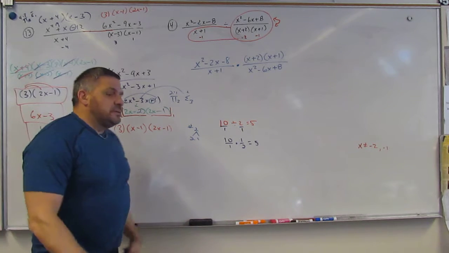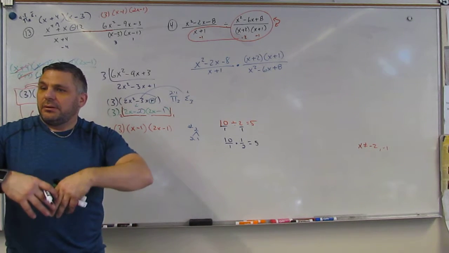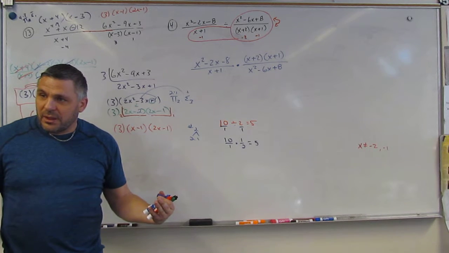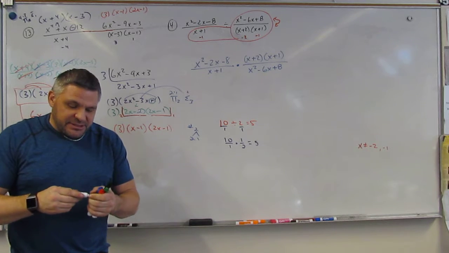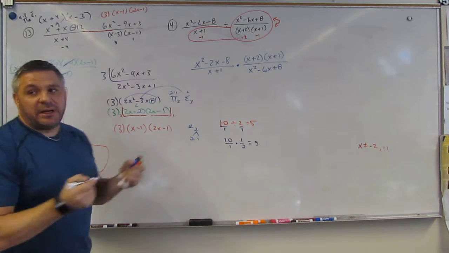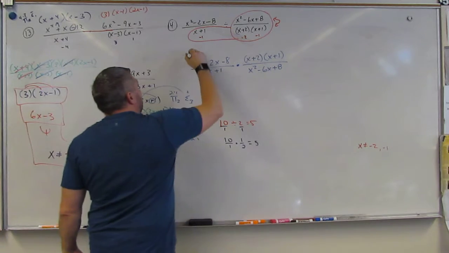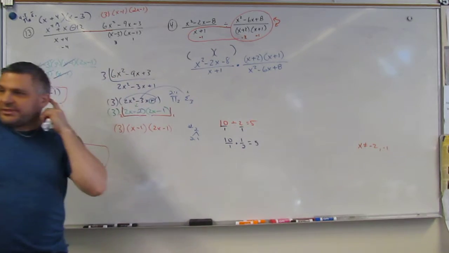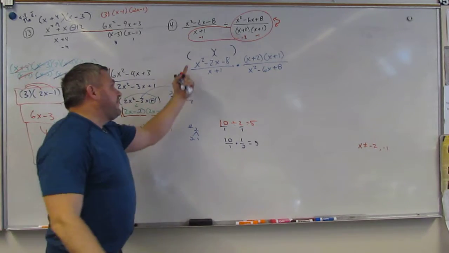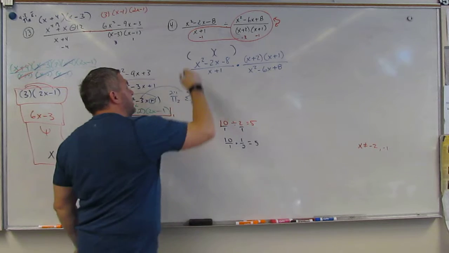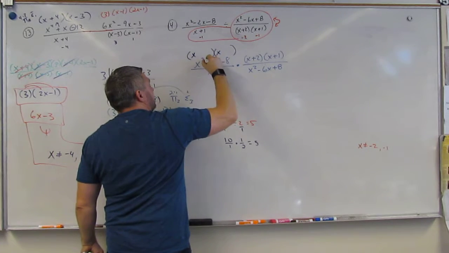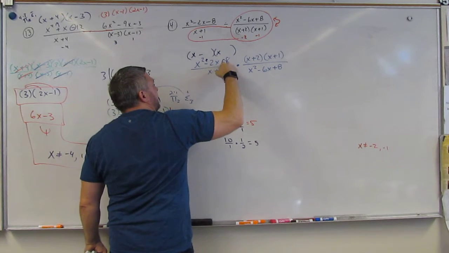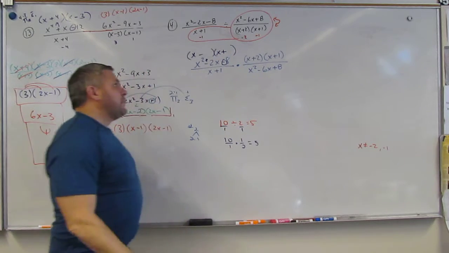The next step is factoring it. Ashley, since you had some questions on the last one, I want you to help me factor this one. What do I do with these parentheses? What goes in first? X. And minus, and plus. It's plus because the signs are different.